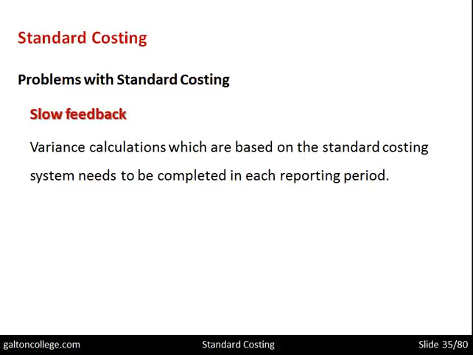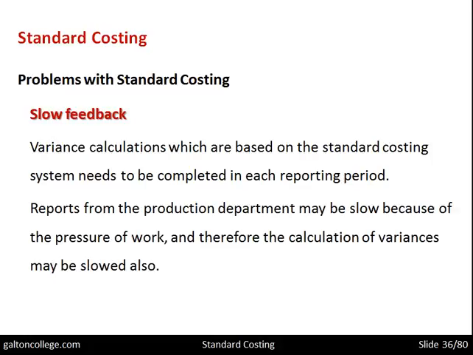In other words, at the end of the accounting period, all the various standard costs should really be scrutinized to see what the variances are and what corrective action needs to be taken in terms of adjusting those standard costs. Reports from the production department may be slow because of pressure of work, and therefore the calculation of variances may be slowed also.